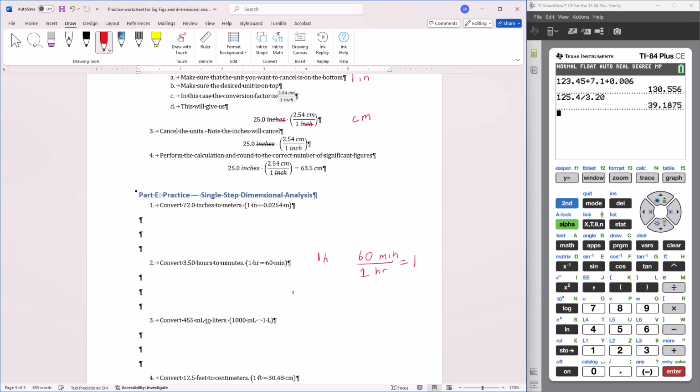So we can start off with 3.50. And of course, you want to write your conversion factor so that the unit you want to cancel is in the denominator, which is what we have here. So I want to multiply that by 60 minutes divided by 1 hour.